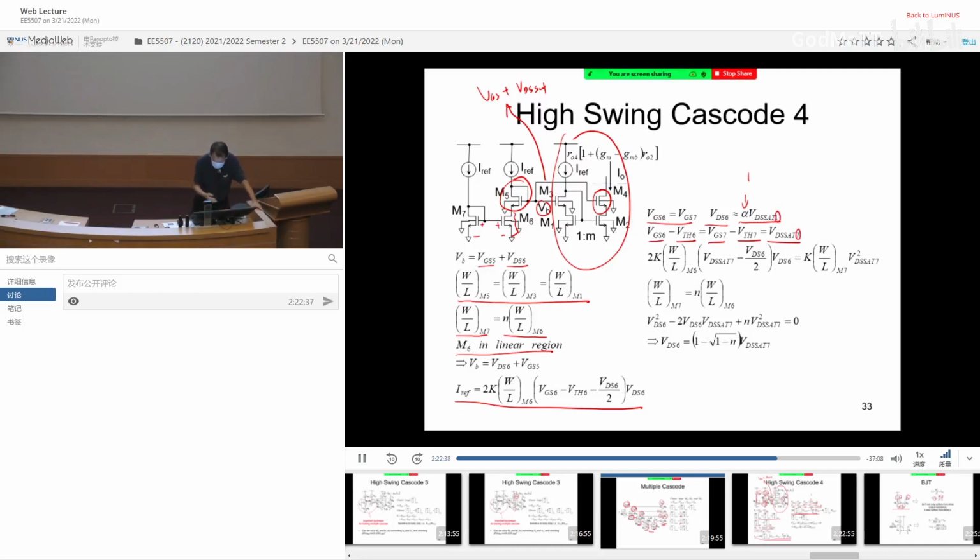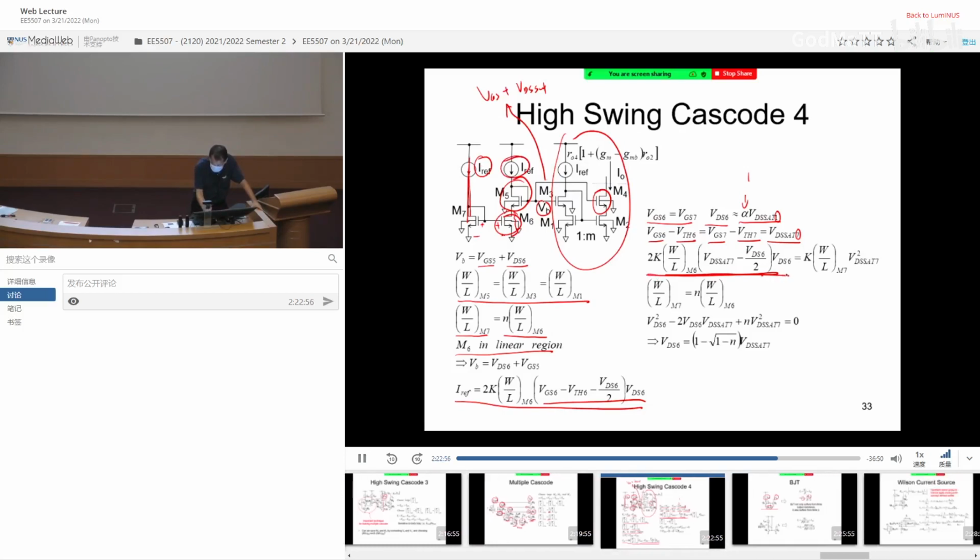So then we can plug all these equations into here. Okay, so we get this guy. Now this saturation current equals IREF. This linear region current also equals IREF. So this linear region current for M6 has to be equal to the saturation current for M7.